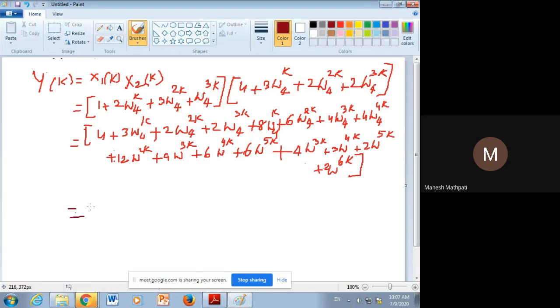What are the constant terms? Only 4 is the constant term. Did something go wrong here? Yes, sir. Something we are missing. Is the multiplication correct? Yes, sir. Okay. Now we just write down the constant terms.